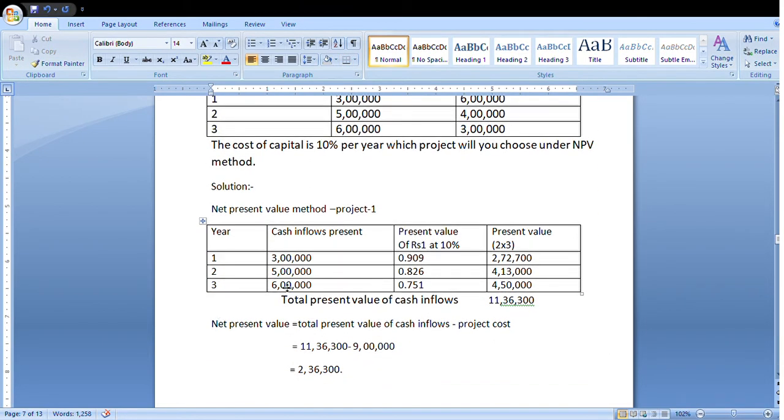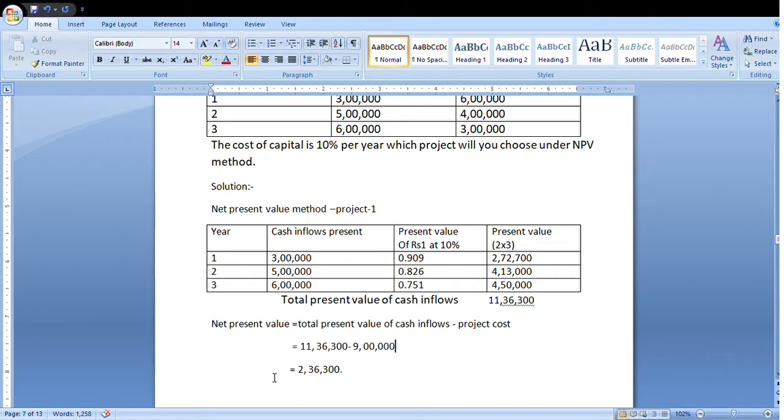Net present value is equal to total present value of cash inflows minus project cost. The total present value of cash inflows is 11,30,300. Project cost, given in the problem, is 9 lakhs. This is equal to 2,36,300. It is the net present value.